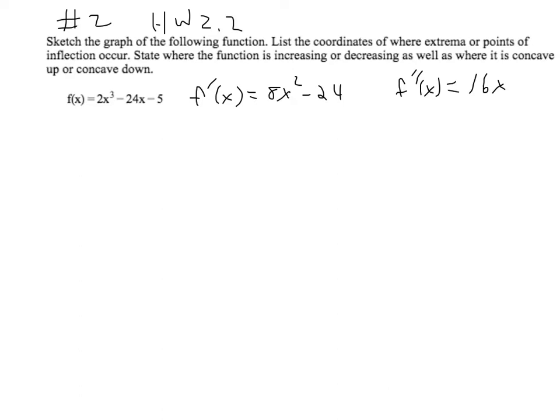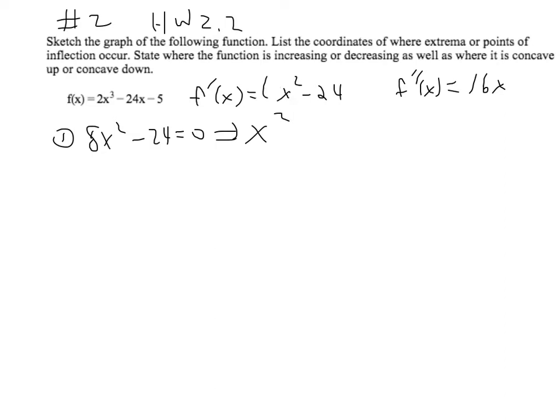All right, so the sign chart for first derivative, we build by first finding where the first derivative is equal to 0. So we set our first derivative equal to 0, solve for x, so x squared. Oh my gosh, did I just say that 3 times 2 is 8? Good Lord.